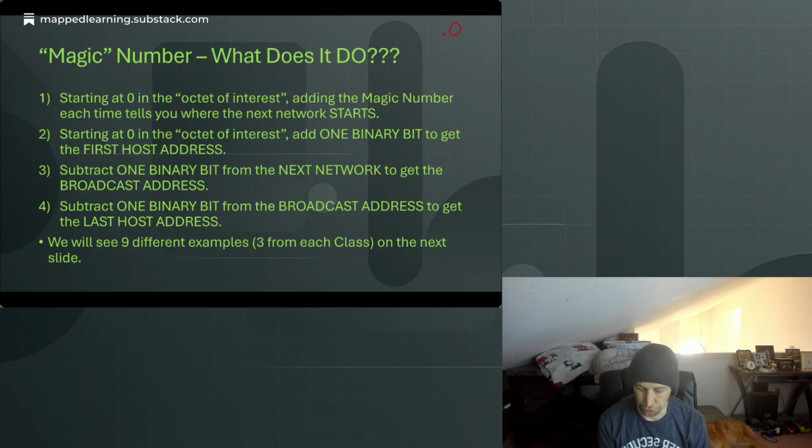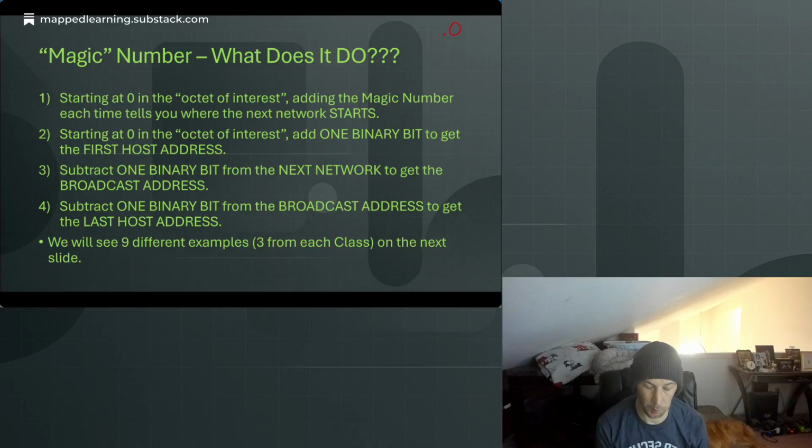Number 1, starting at 0 in the octet of interest, adding the magic number each time tells you where the next network starts. Let me emphasize that. Adding the magic number starting at 0 each time tells you where the next network starts.